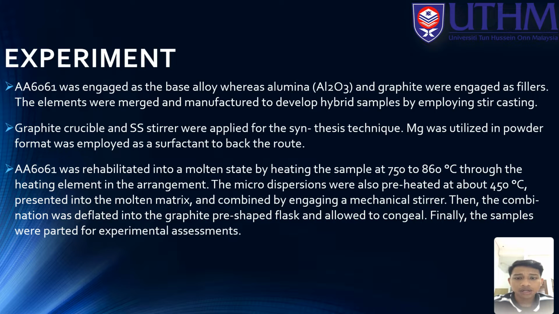So aluminum 6061 was restored to molten stage by heating a sample at 750 to 860 Celsius through a heating element in the furnace. The mix was also preheated at about 450 Celsius and put into a melting matrix and combined using a mechanical stirrer.